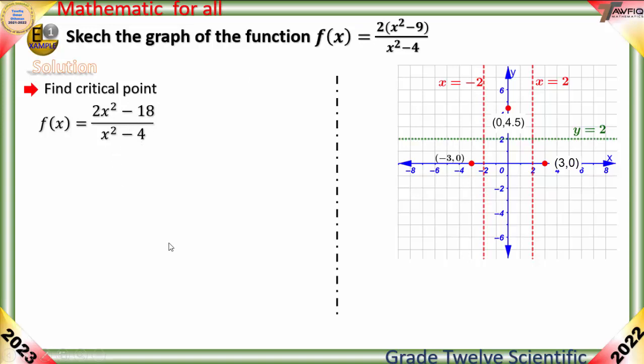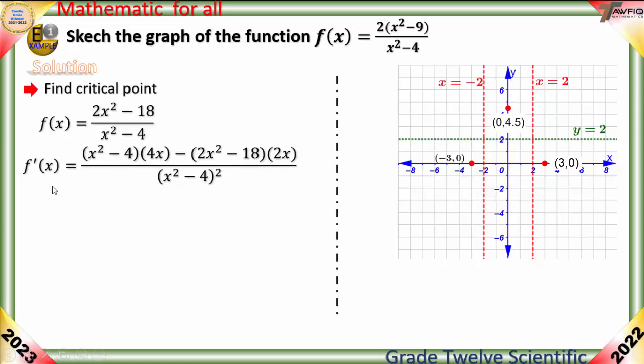And now f prime of x is equal to the denominator x squared minus 4 times the derivative of the numerator, which means 2 times 2x is 4x, minus the derivative of 18 is 0, minus the numerator 2x squared minus 18 times the derivative of the denominator, which is 2x. Simplifying this, it becomes f prime is equal to 20x over x squared minus 4 all squared.